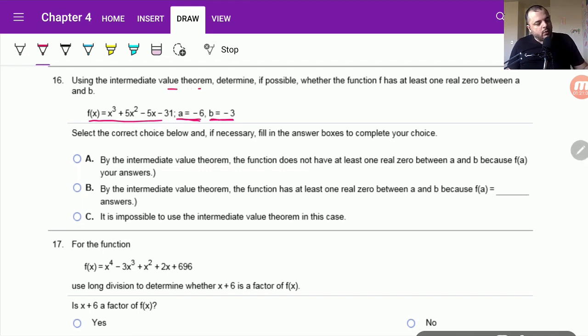So let's recall, what is the intermediate value theorem, IVT?